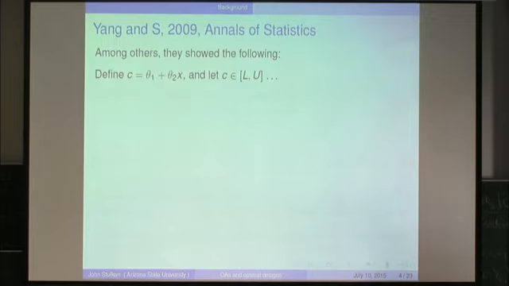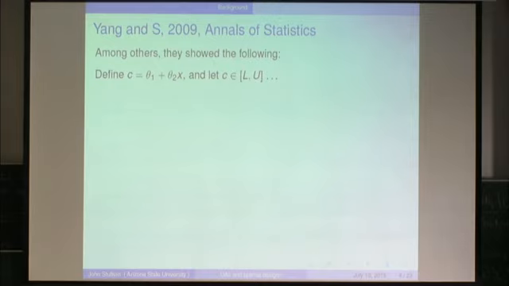were generalized linear models where we define c as theta 1 plus theta 2 times x, so we have a linear predictor, and theta 2 is not equal to 0 here. Since we're using local optimality, we have guesses for theta 1 and theta 2. So there's a one-to-one correspondence between c and x.